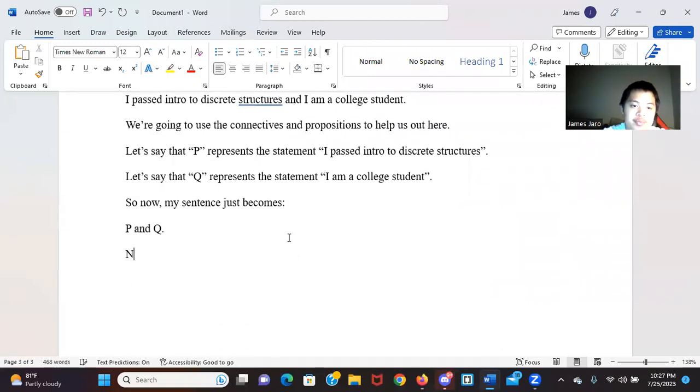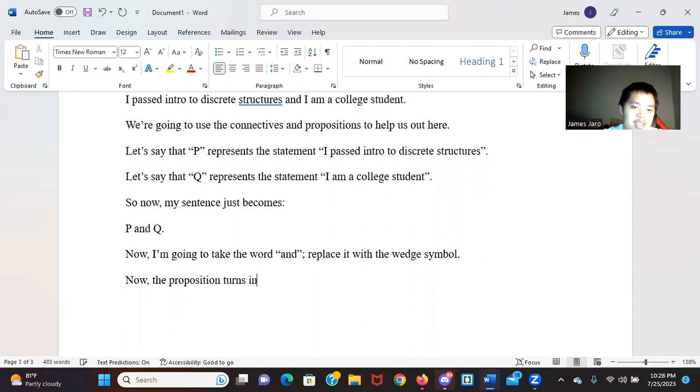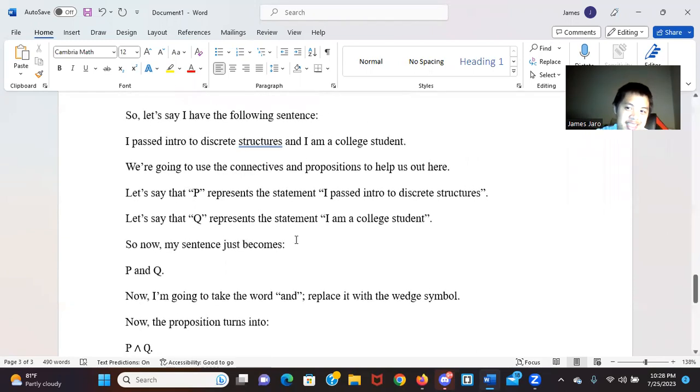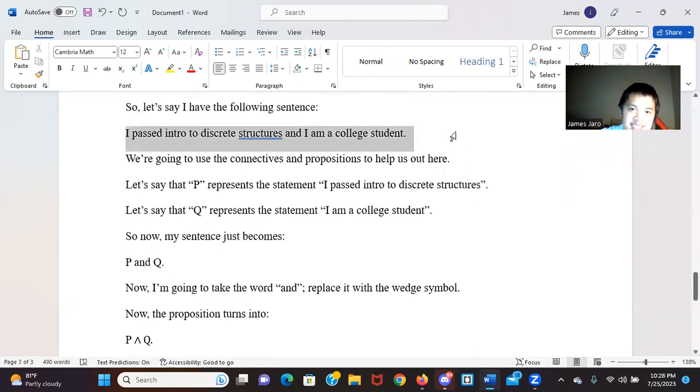So I'm going to take the word and replace it with the wedge symbol. So now the proposition turns into P wedge Q. That's a lot easier to write than saying this.